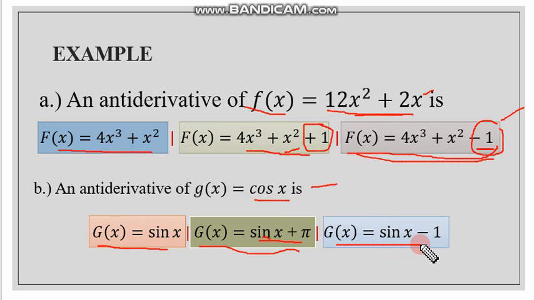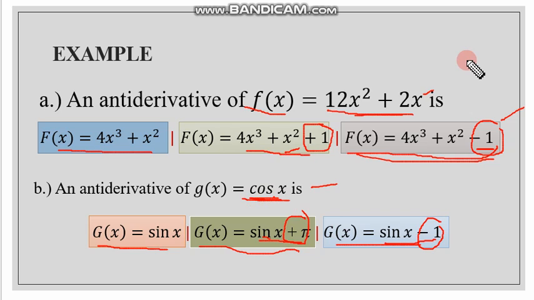Another antiderivative is sine x minus 1, because the derivative of sine x minus 1 is equal to cosine x. So if you add a certain constant, you can derive the same answer for the corresponding derivative of the function. So again, the antiderivative of the function is not unique.